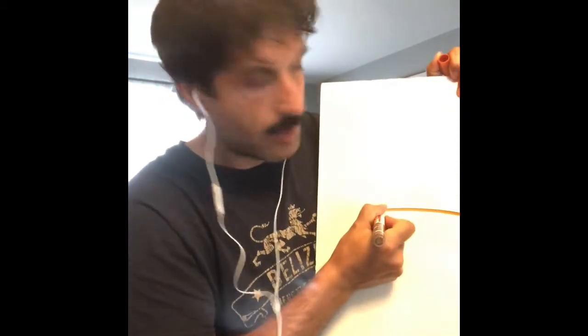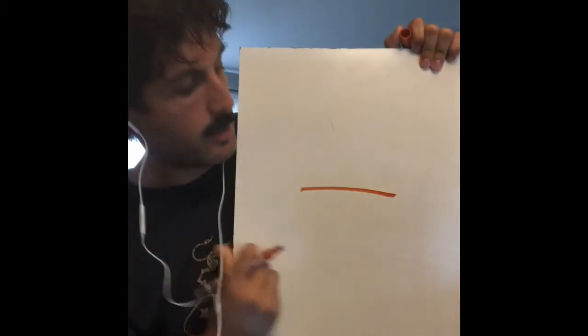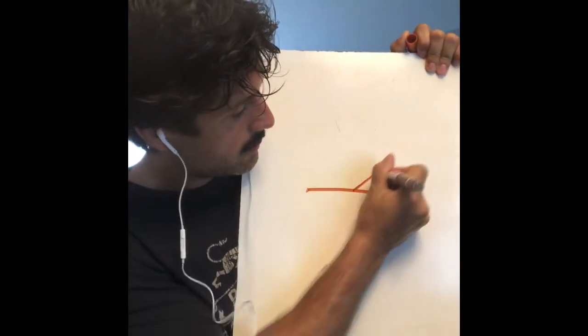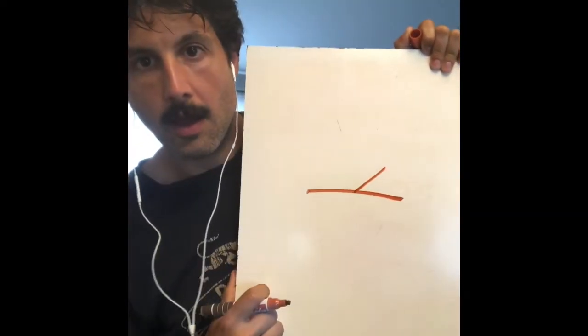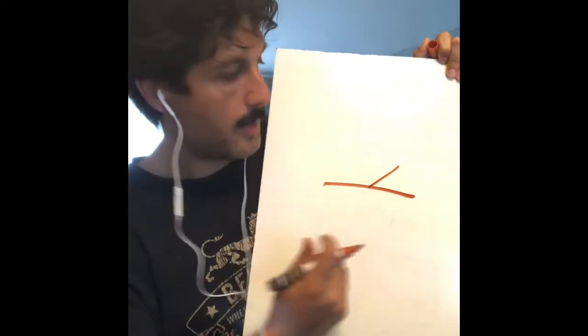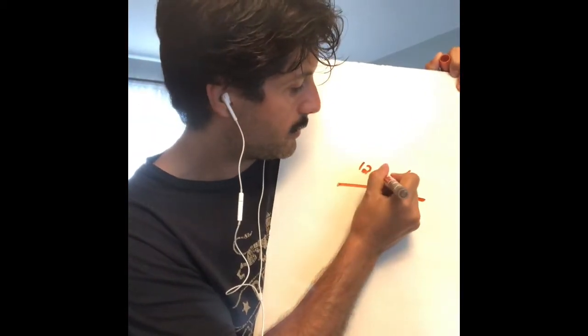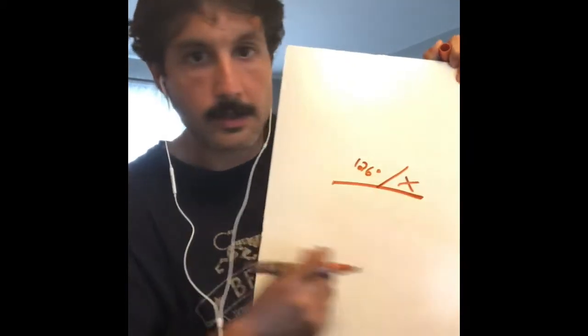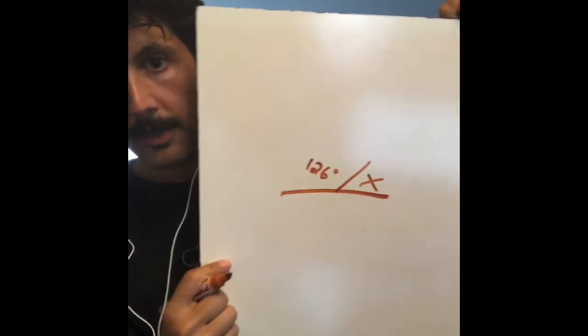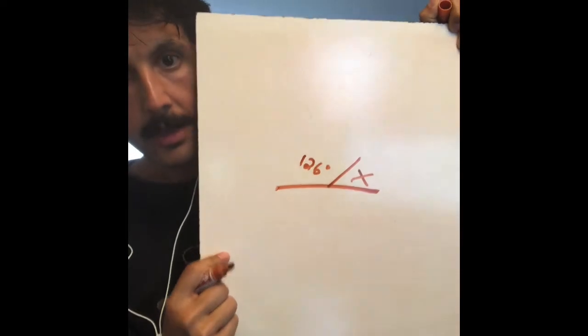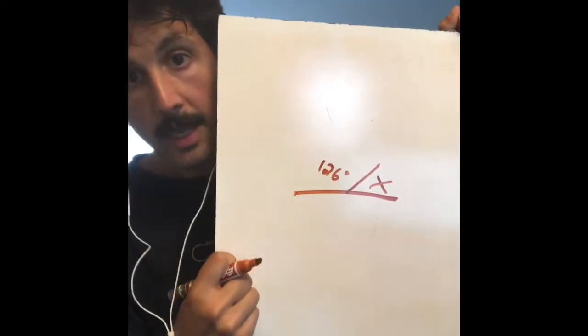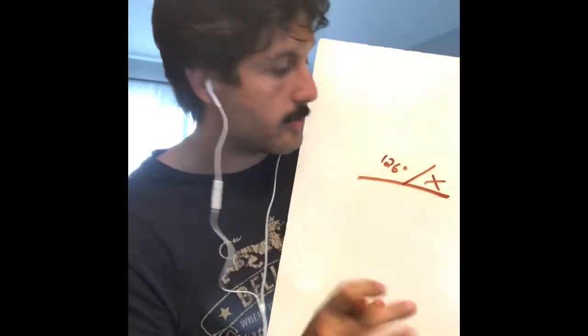anytime you have a straight line, so we have a straight line, and I separate the straight line. And say there is 126 degrees here and x is there. So 126 and x. And the thing we know is any straight line is 180 degrees.